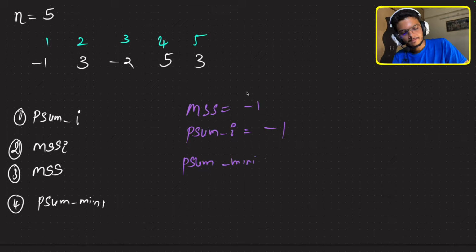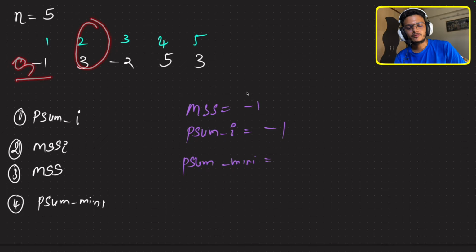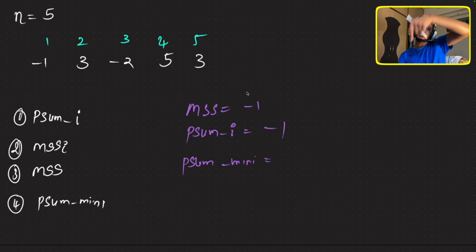Now what we do is we initialize it to the minimum of 0 and -1. Why? Because when you go to the second element, we want the minimum of prefix sum from 0 till I minus 1. What is prefix sum of 0? It's simply 0. It is just about the case where we are not removing anything, right? So this is minimum of 0 and -1, so that is of course -1. So all 3 are initialized to -1 here.